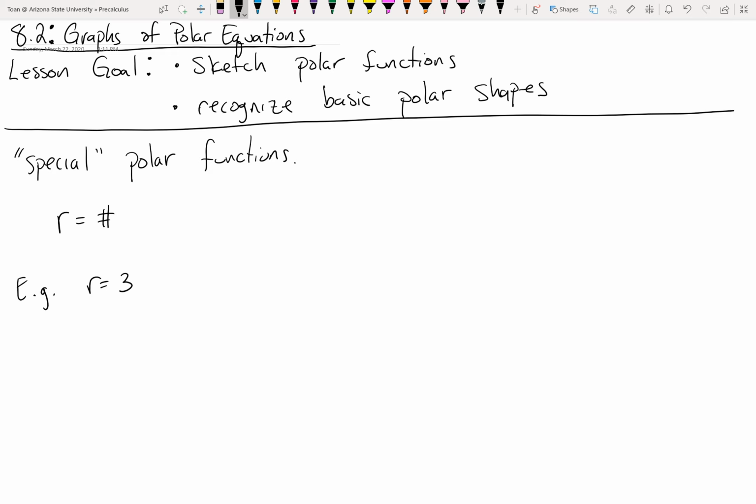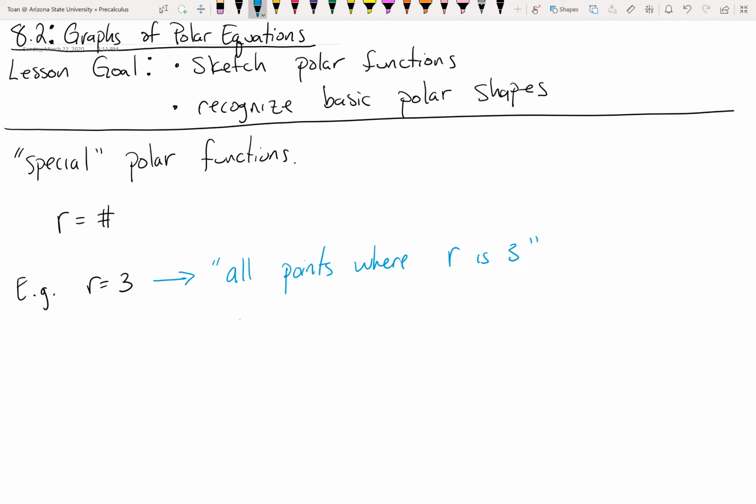Recall that whether you're graphing rectangular, polar, or some other system, a graph describes all sets of coordinates that satisfy whatever equation you have. So if we translate this basic polar equation, it's telling you all points where r is 3.